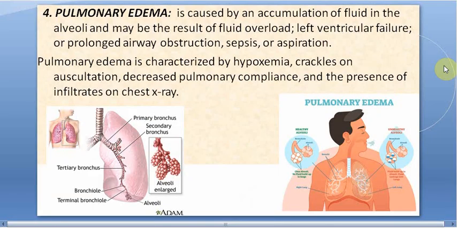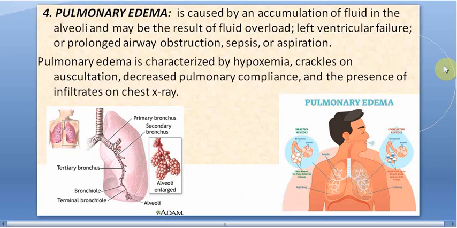Pulmonary edema is a condition in which fluids accumulate in the lungs. There will be extravasation of fluid from the pulmonary vasculature into the interstitium and alveoli of the lungs. So that is called pulmonary edema, where fluid will accumulate in the alveoli.